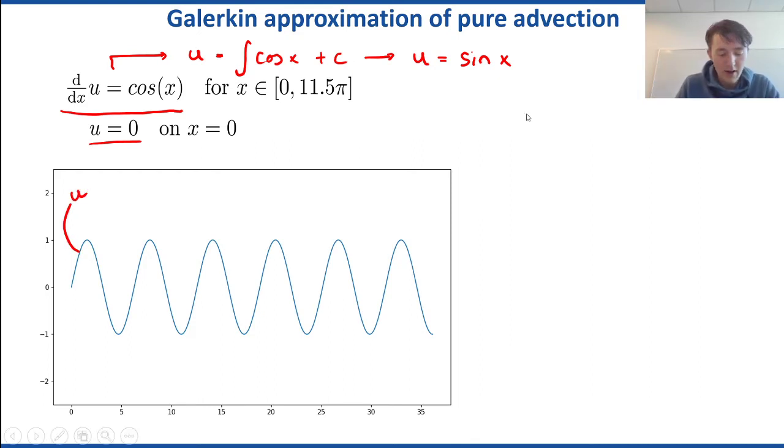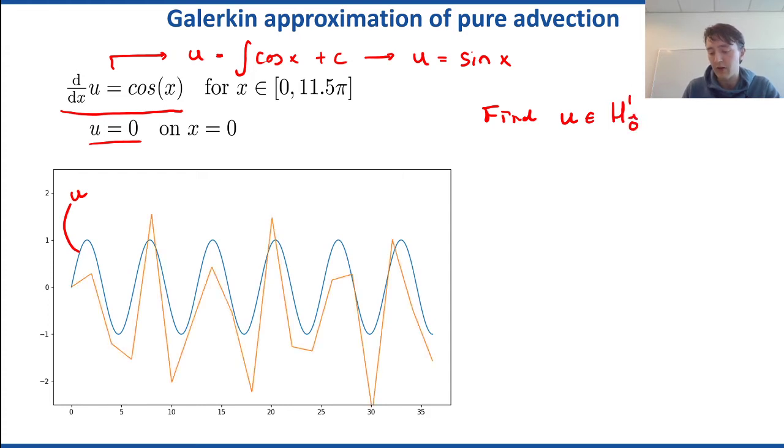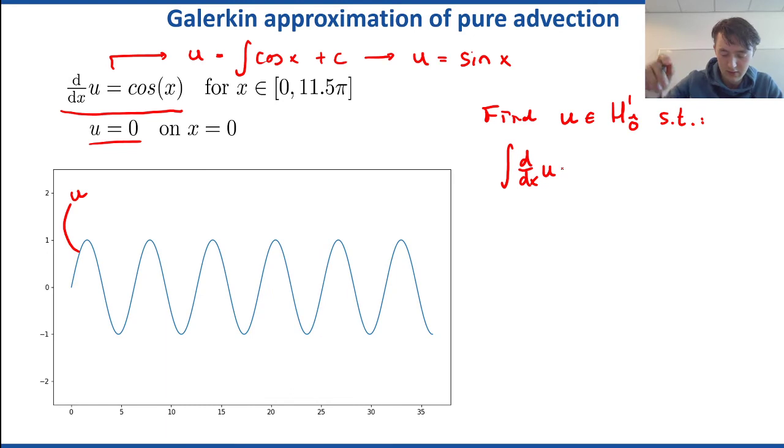So then our weak formulation of this problem was to find a function u in the space H1, 0 on the left side, such that the integral of dx of u times v is going to be equal to the integral of the force function, in this case the cosine of x, times v.